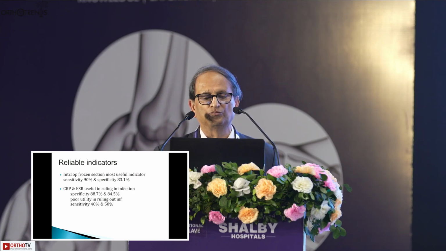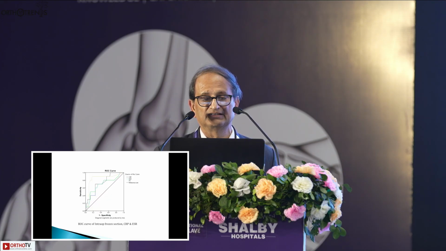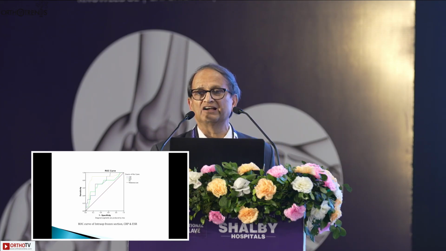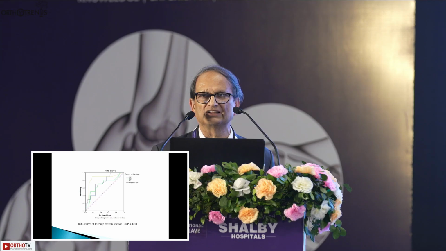But they have poor utility in ruling out infection, with sensitivity of 40% and 50%. This is the ROC curve showing the sensitivity and specificity of all the 3 indicators. If you see, the intra-op frozen section has a specificity and sensitivity of more than 83%.